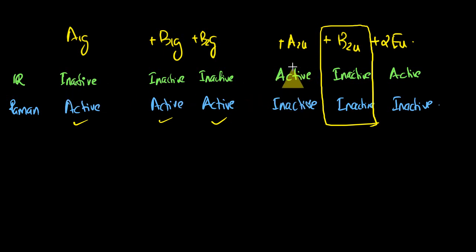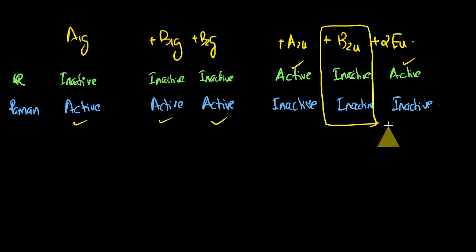And all those you see as IR active will be Raman inactive. Of course there is one vibrational mode which is both Raman inactive and IR inactive. That's fine. But whatever you see as Raman active will be IR inactive, and whatever you see as IR active will be Raman inactive.